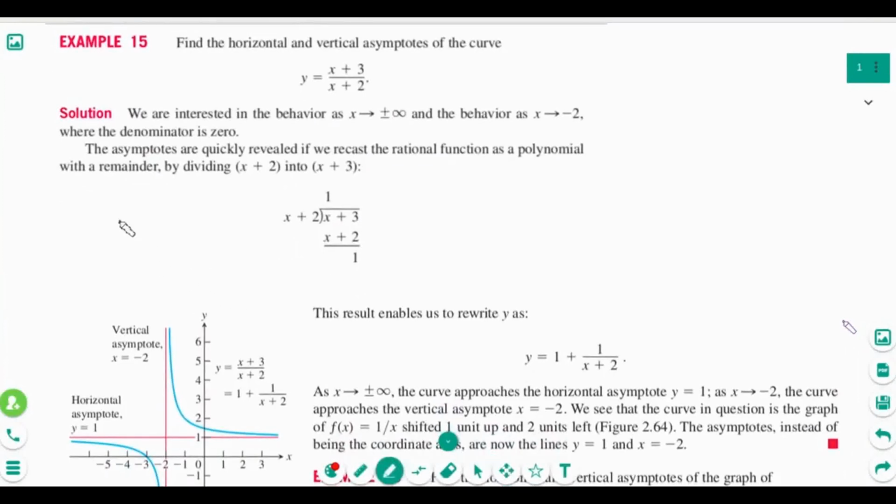Please go through this example now and find the horizontal and vertical asymptote of the curve here. Learn the method now.